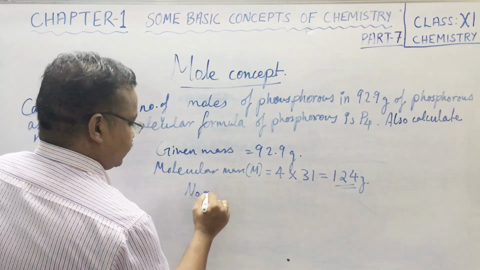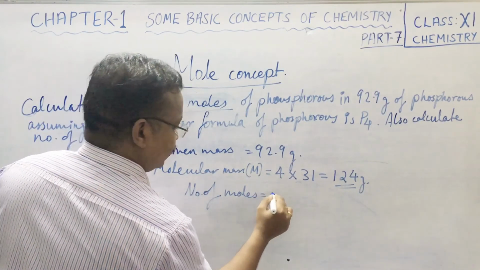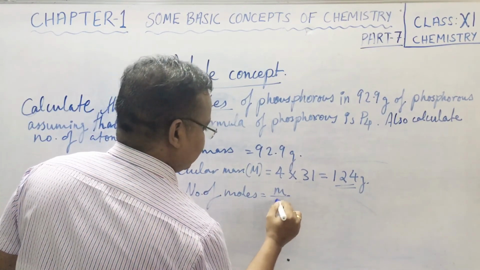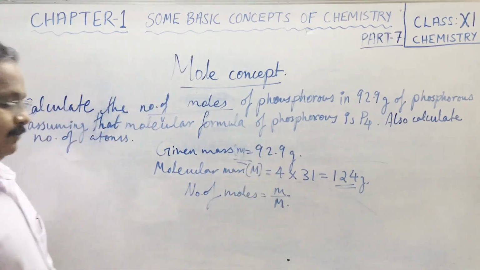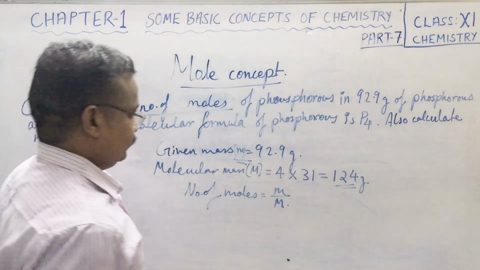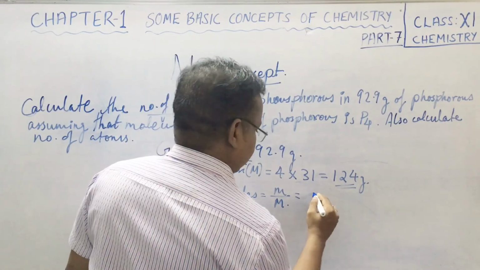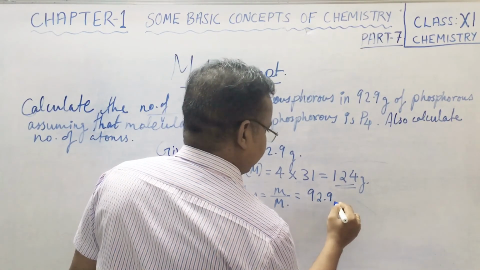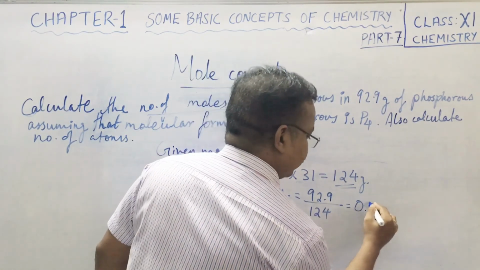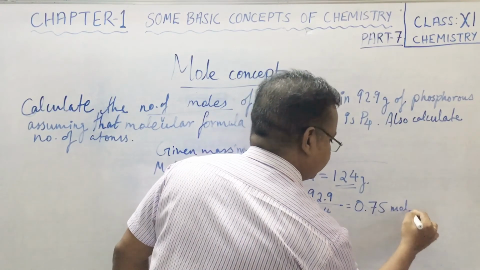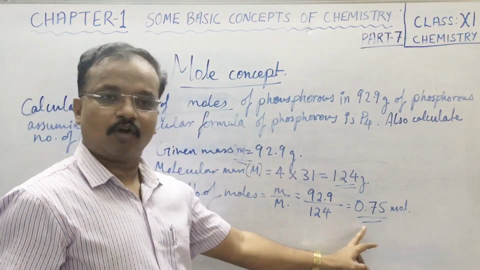First is asked to find the number of moles only, correct? Number of moles is equal to m divided by capital M. Small m is our given mass, and capital M means the molecular mass. That is 92.9 divided by 124. It comes 0.75 mole. Okay, so number of moles present in this phosphorus is 0.75.